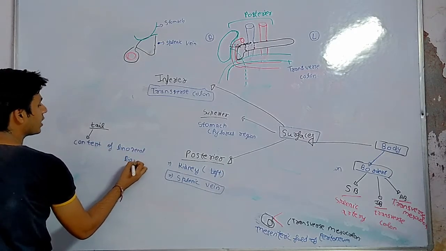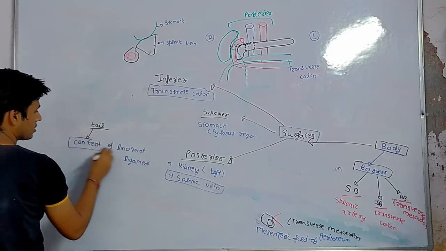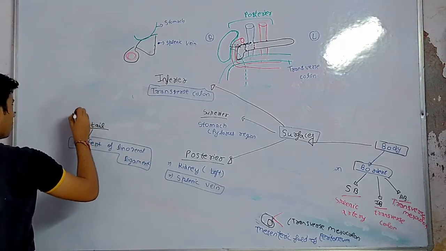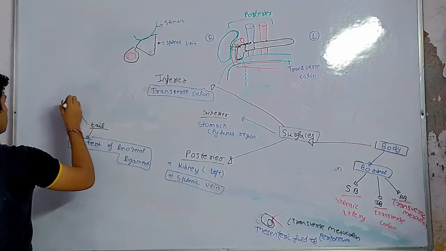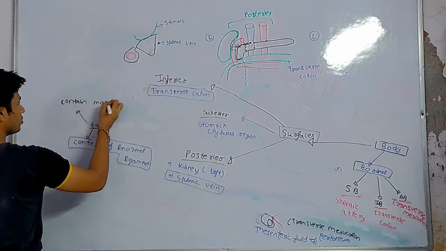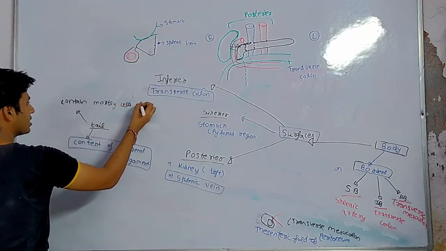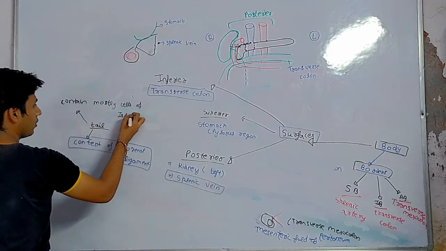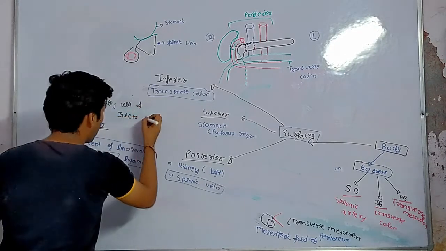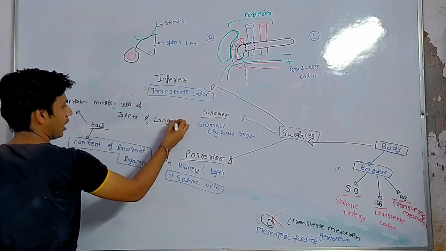So during splenectomy, it is important to handle the tail of the pancreas because the tail contains mostly cells of the islets of Langerhans, which help in maintaining glucose level in the blood.